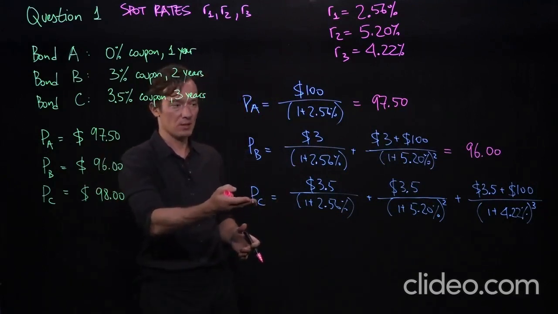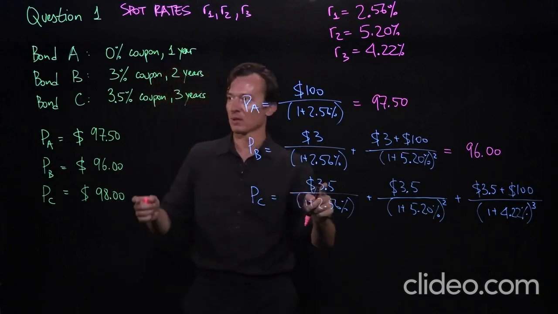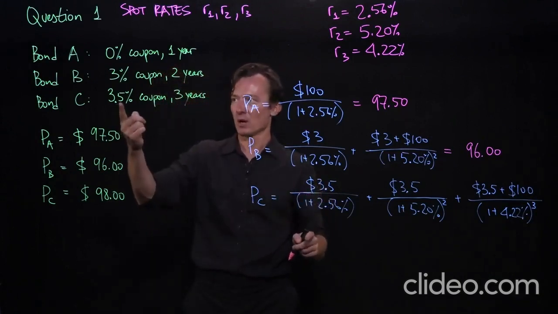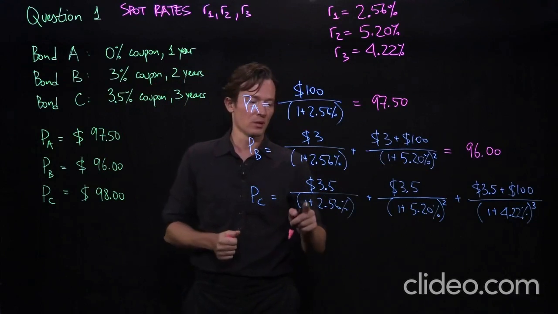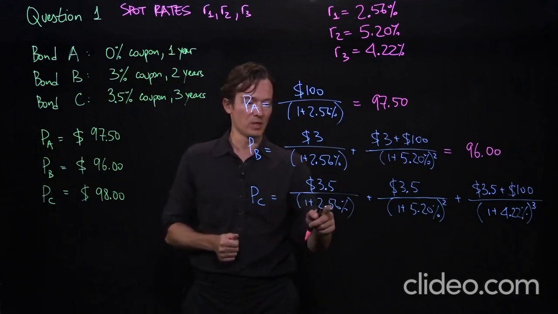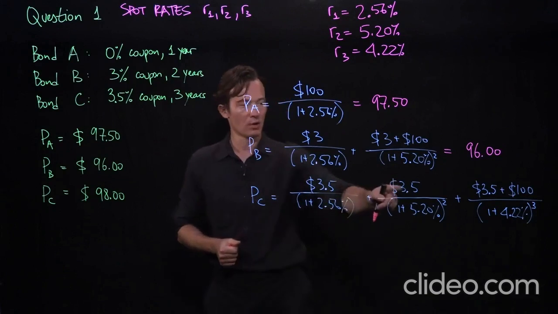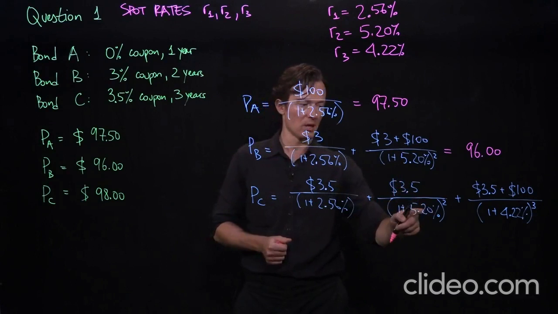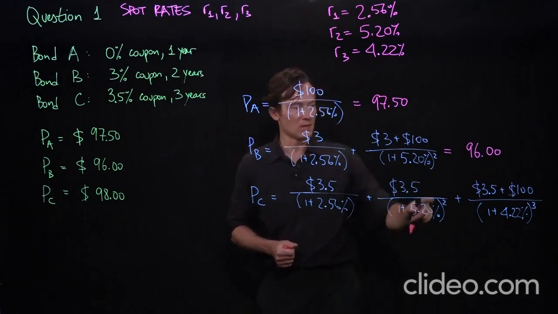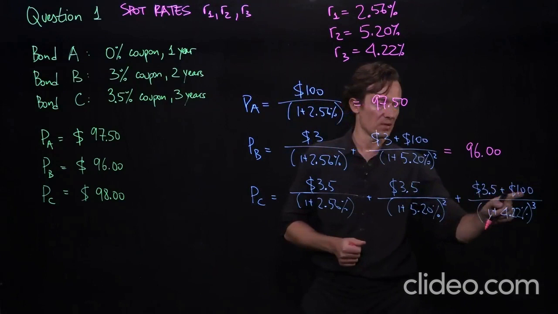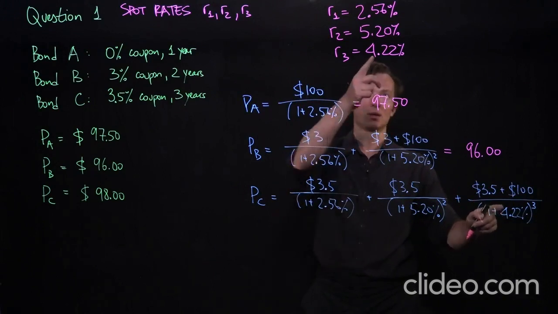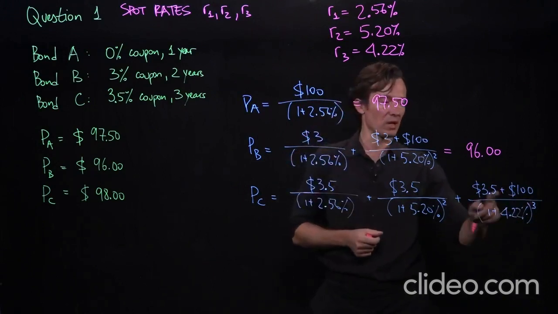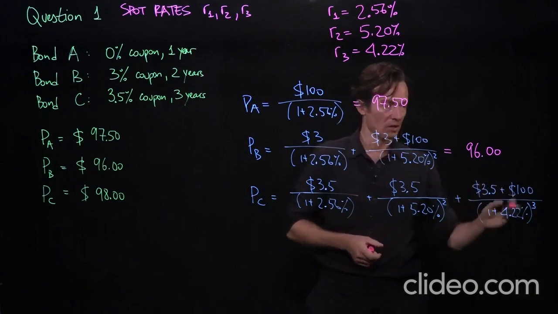Finally, the price of bond C equals the first coupon payment, $3.5, because this bond, again, has a 3.5% coupon rate, divided by 1 plus 2.56%. This is our R1. Second coupon, $3.50 divided by 1 plus the second discount rate, R2, 5.20%, plus the last coupon payment, 3.5, plus the face value received at the end of year 3, discounted by 1 plus R3, that's 4.22%, raised to the power 3, again, because this cash flow occurs at the end of year 3.